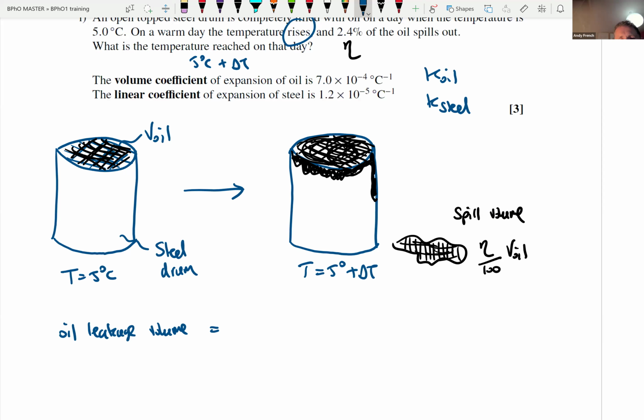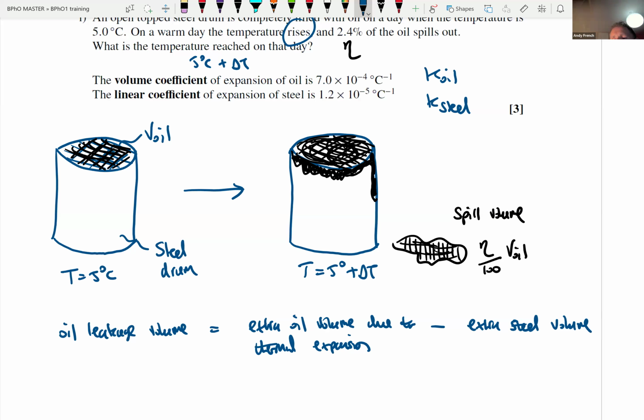And if you think about it, we need to have that because we've got both those numbers, and it'd be a bit silly for us to give both numbers if we didn't need them. So let's just write that down. We've got the extra oil volume due to thermal expansion, and we're going to take away from that the extra steel volume.